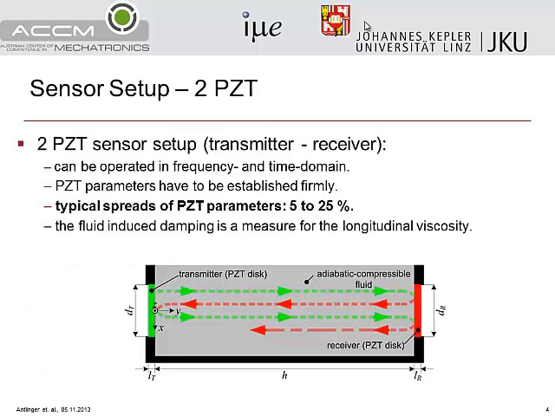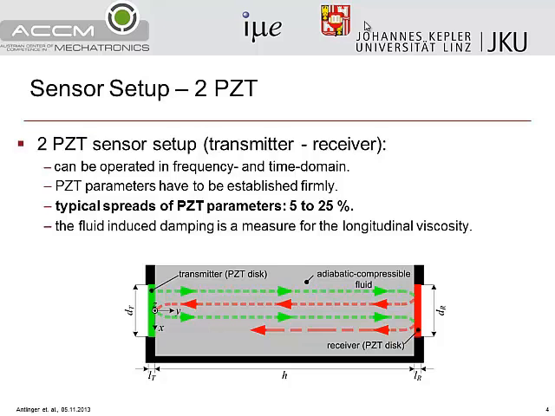So first I would like to show you a 2 PZT sensor setup, which is shown here. This setup can be operated in the frequency and time domain. Frequency domain means that you use a continuous wave excitation signal, and time domain is using burst signals or step signals. For this setup, the PZT parameters have to be established firmly, and typical spreads of PZT parameters are 5 to 25%.